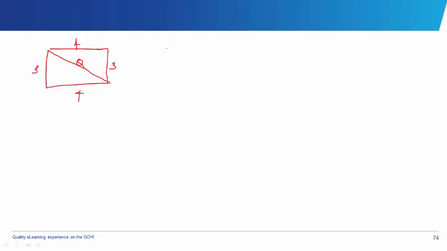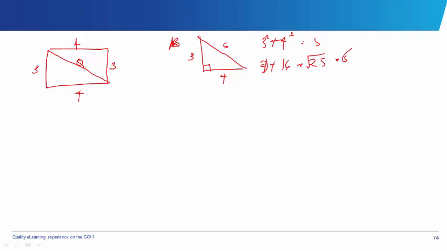Whenever you see a right angle triangle with two sides as 3 and 4, automatically you know that the hypotenuse is 5. 3 squared plus 4 squared equals 9 plus 16, which is 25, and the square root of 25 gives us 5. It's a general number, don't ever forget it. 3, 4 gives 5. So 5 is the final answer.